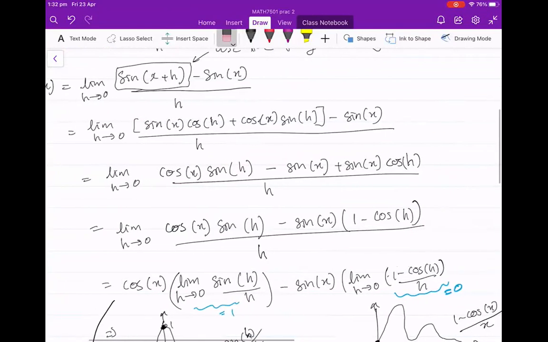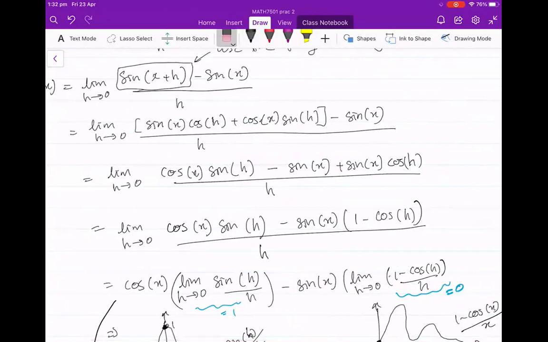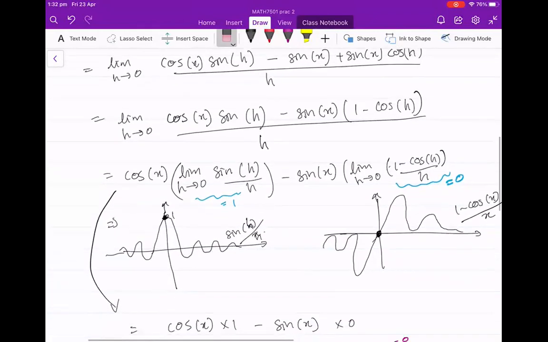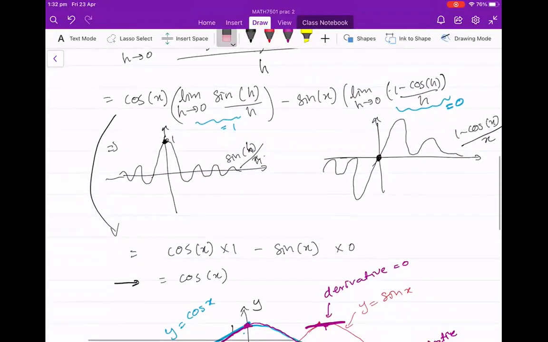Okay. As I showed you on the Mathematica, this function, as h goes to 0, the limit is 1. And for 1 minus cos x over x, the limit as x goes to 0 is 0. Okay, and using those two values, we get cos x times 1, which is cos x. Okay, is that clear?